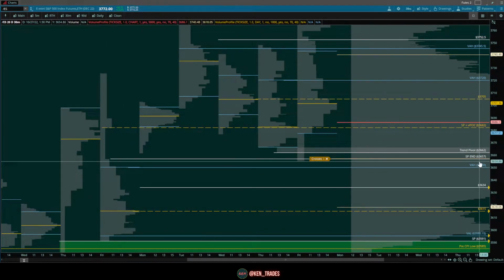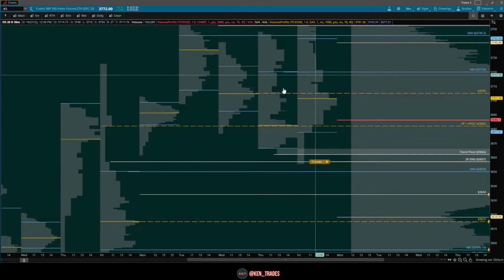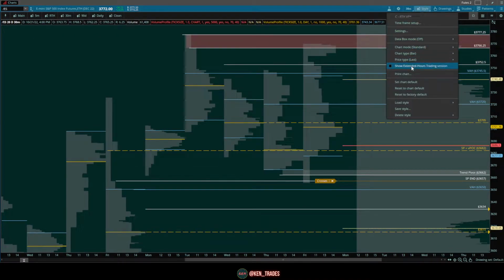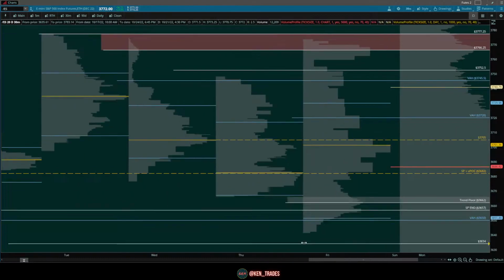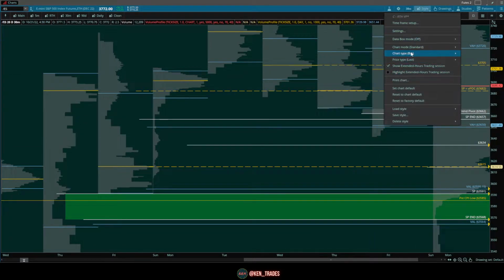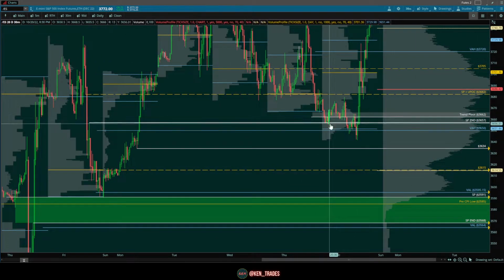SPN 3657. You'll see 3657 was decent, close to the low of day on the RTH. This was solid also. Apart from that, even when we show the extended hours, 3657 was a solid support, which I traded during Globex.